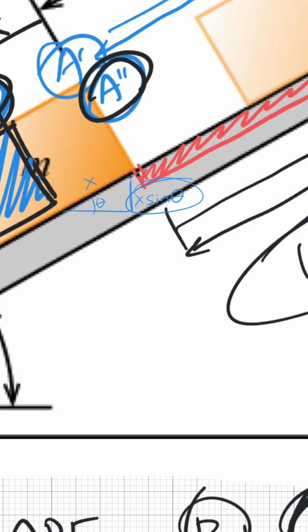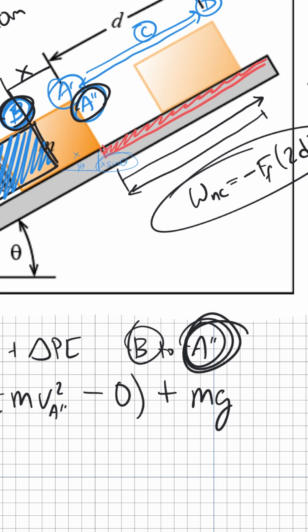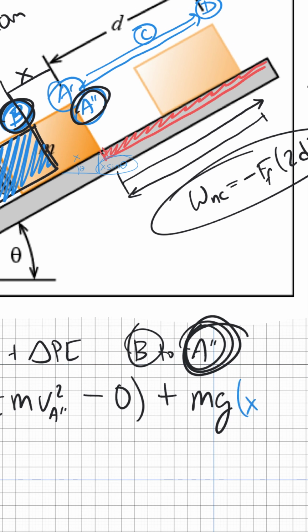So here's my angle theta. This is a distance x. So this distance in height is going to be x sine theta. Okay, kind of hard to see, but x sine theta. Okay, so let's go back over here. So it's going to be mg x sine theta. Okay, because that's the change in the height. Okay, and it is a positive change in height.